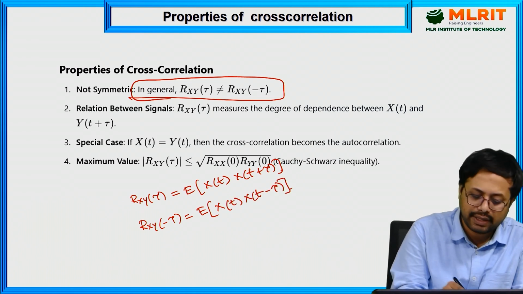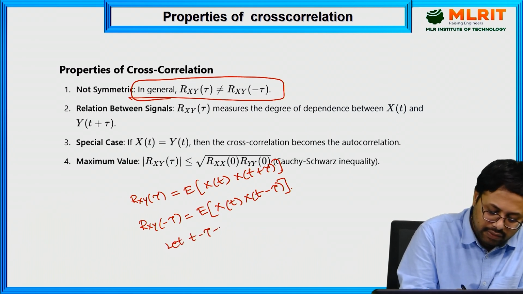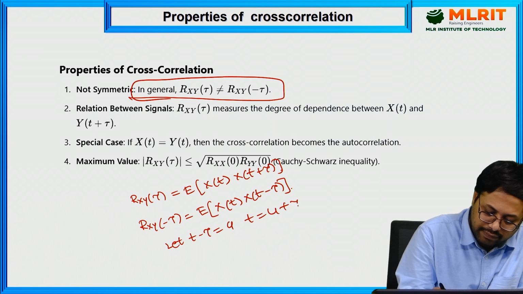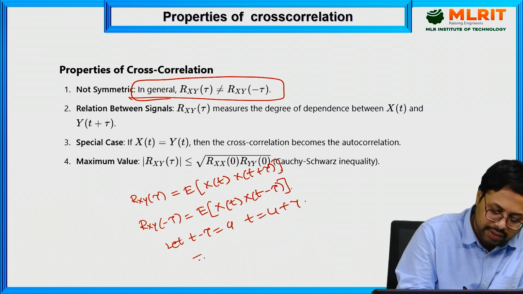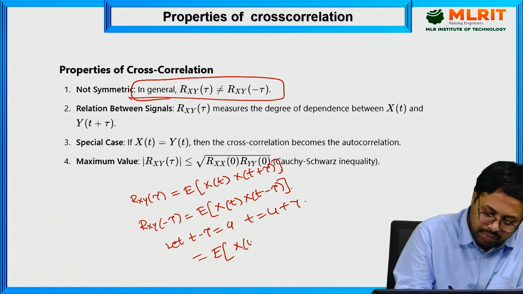You can check it. Let t minus tau equal u, then t equal u plus tau. Then what you are going to get is expectation of y of u plus tau, x of u.